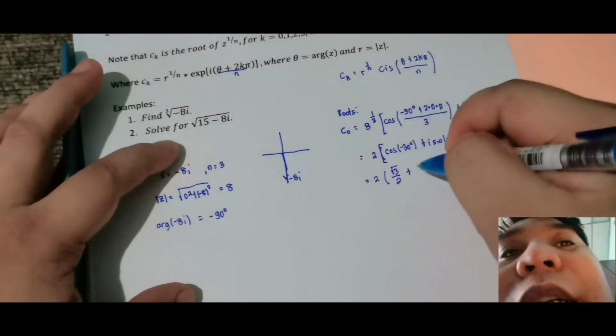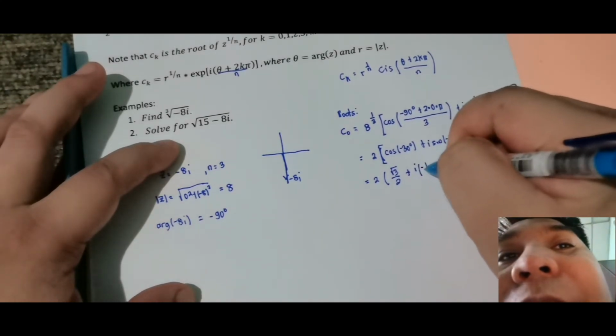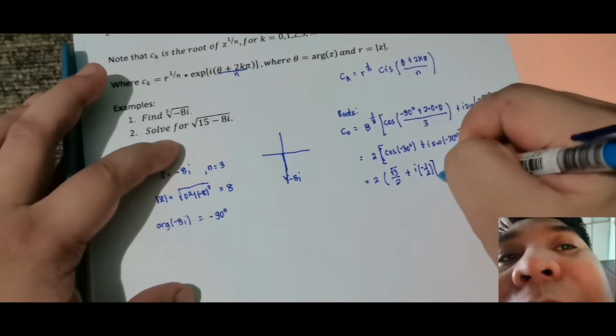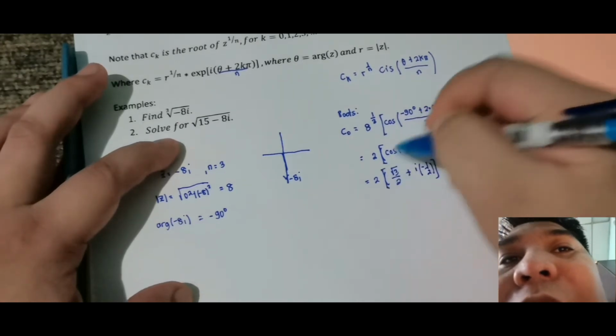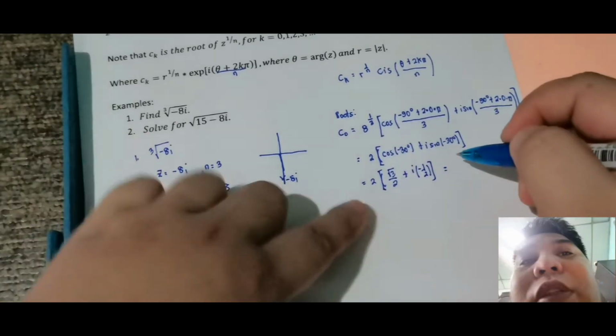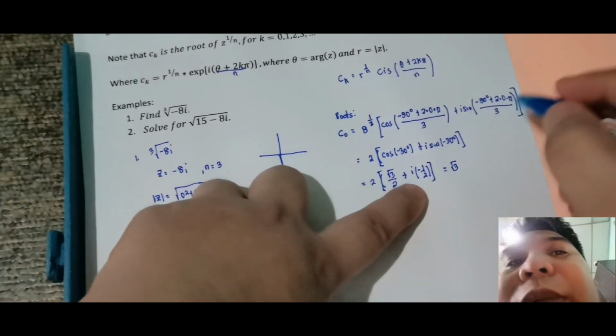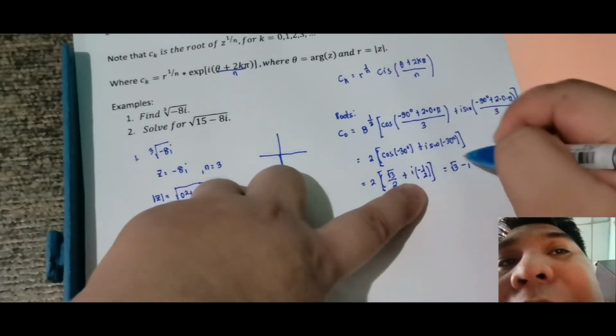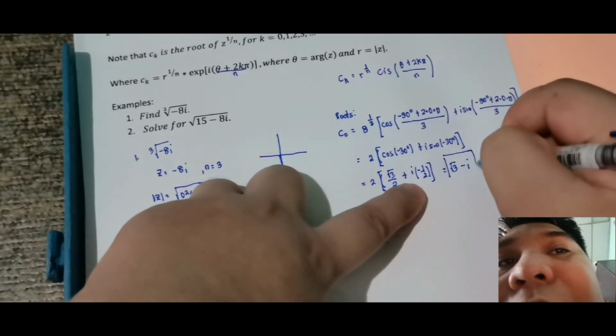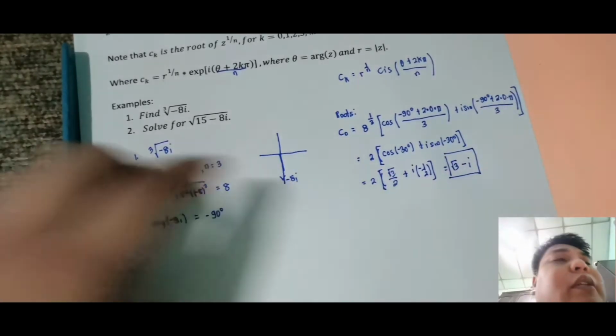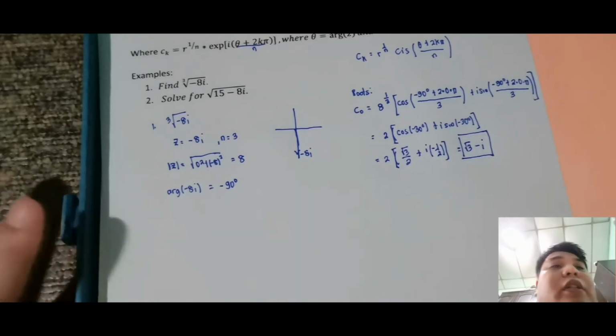So that is i multiplied by negative 1/2. Okay, then simplify further. 2 times square root of 3 over 2 is square root of 3. 2 times negative 1/2 is negative 1, so negative i. So therefore, the first root is square root of 3 minus i. Okay, so that's just for C sub 0.